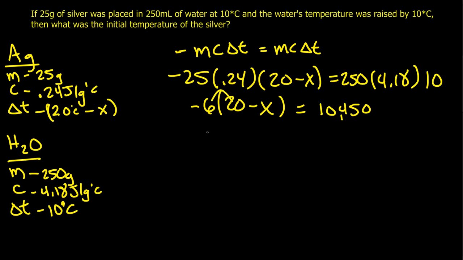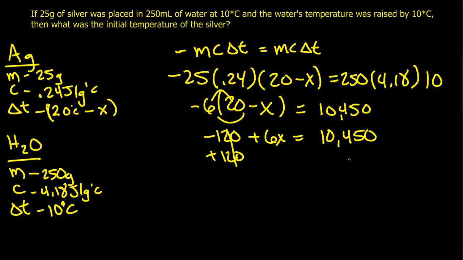Negative 6 times 20 is negative 120. Negative 6 times negative X is positive 6X equals 10,450. Add like terms. Plus 120, that cancels. Plus 120, get 10,570 equals 6X. So once I get to that point, we divide by the value with X.